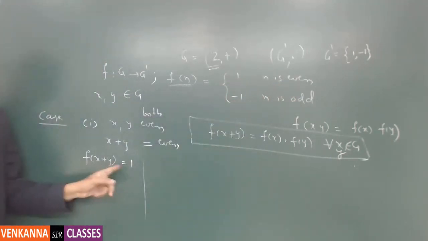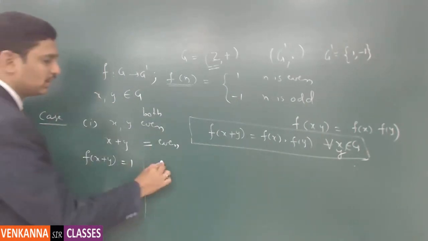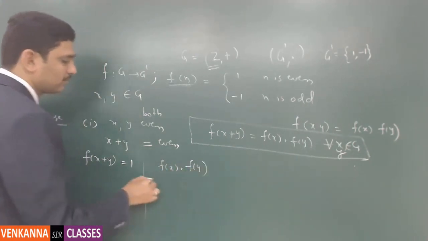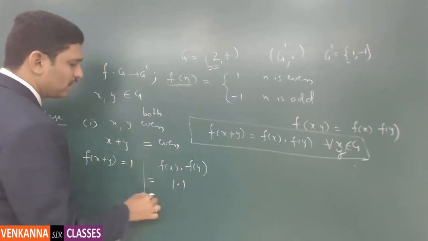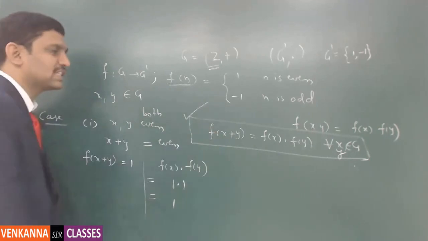So f(x + y) is nothing but 1. On the RHS, if you consider f(x) · f(y), since x is an even number and y is an even number, it is 1 · 1 = 1. So in the first case, you can say that this condition is satisfied by f.